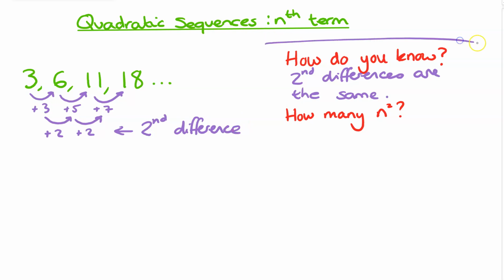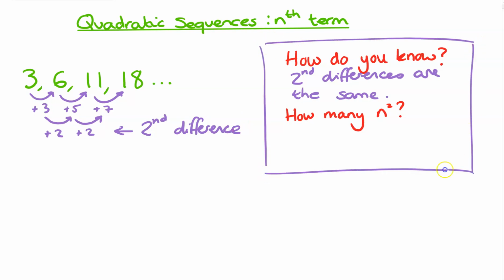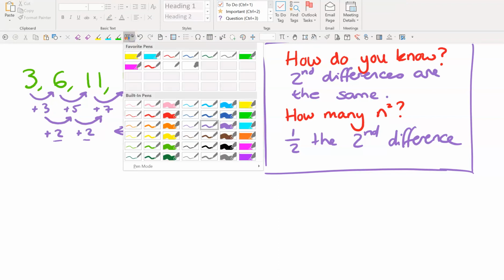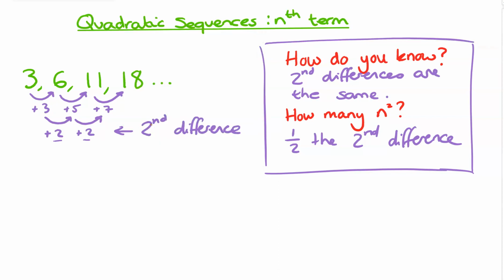The second key piece of information is how many n squareds you have in your sequence. The number of x squareds, n squareds, whatever you want to call it, is half the second difference. So in this case, because the second difference is 2, we just have one lot of n squared.